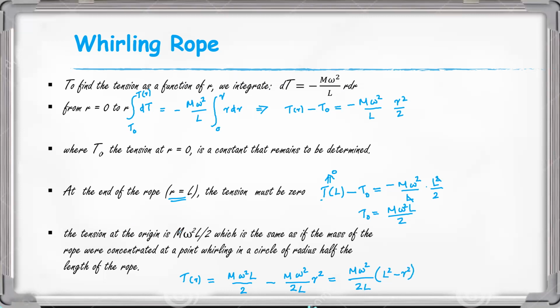I repeat this point. The tension at the origin is m omega square L divided by 2, which is the same as if the mass of the rope were concentrated at a point whirling in a circle of radius half the length of the rope.